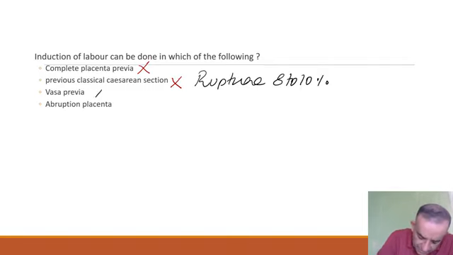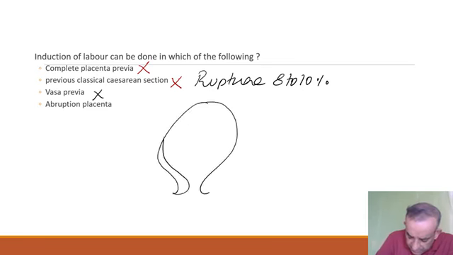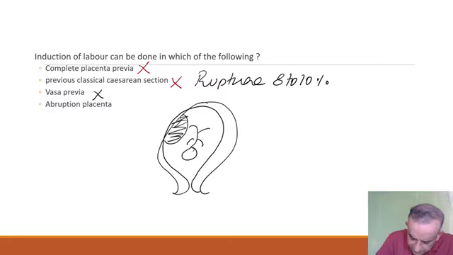Vasa previa, again we cannot do. In vasa previa, it is a velamentous cord. The placenta is attached in the upper segment, like it should be, the cord is going like this, but after some distance the umbilical cord loses the Wharton's jelly.